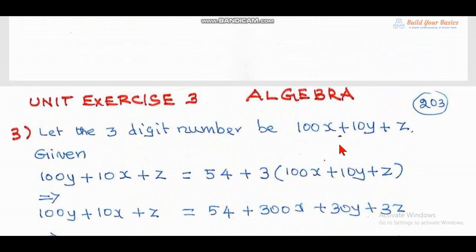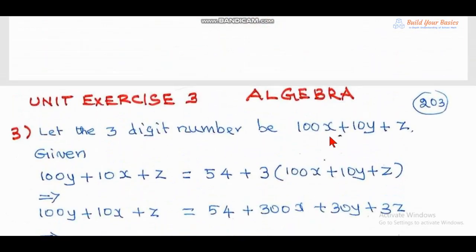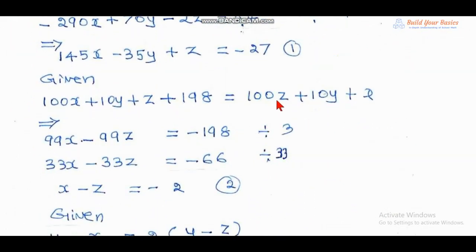It will become z, y, x. The digits get reversed. It was originally x, y, z. Now it will become z, y, x. Reverse order. So 100z plus 10y plus x.